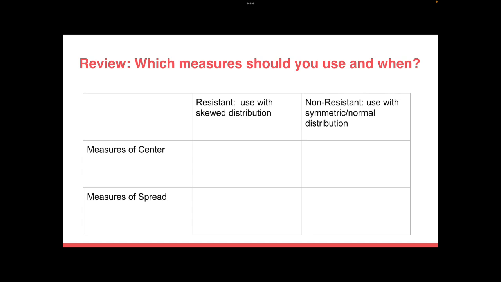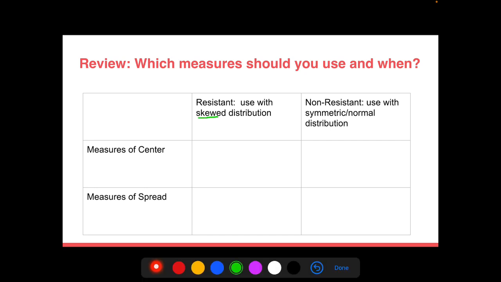Okay, so let's review when you should use certain types of measures, okay? If you want to make this table on your paper, you can. So let's talk about measures of center. We have mean and median. Whenever it is skewed, we are going to use the median.